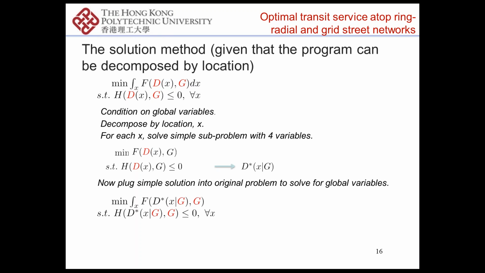And this turns out to be an optimization problem with only 3 variables, and that will also be easy to solve. So basically, we're going to turn this entire problem into a bi-level program. The upper level is to minimize this entire integral, and the lower level is, for any given g, to optimize the location-specific objective functions.